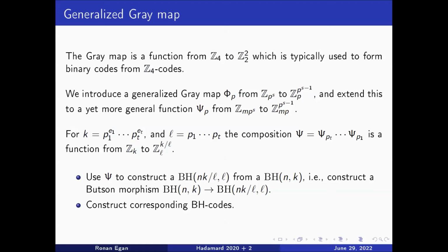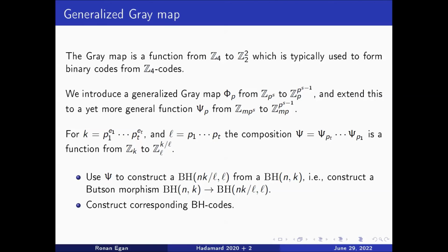I can inflate my matrix by whatever appropriate factor I need to reduce my phase down to something that is square free. So if k is p1 to the whatever, up to pt to the whatever, I can reduce down to just phase L, where L is just the product of those primes, but nothing is square. And I just have to inflate by precisely the factor that I reduce my phase by. I inflate the order of the matrix.